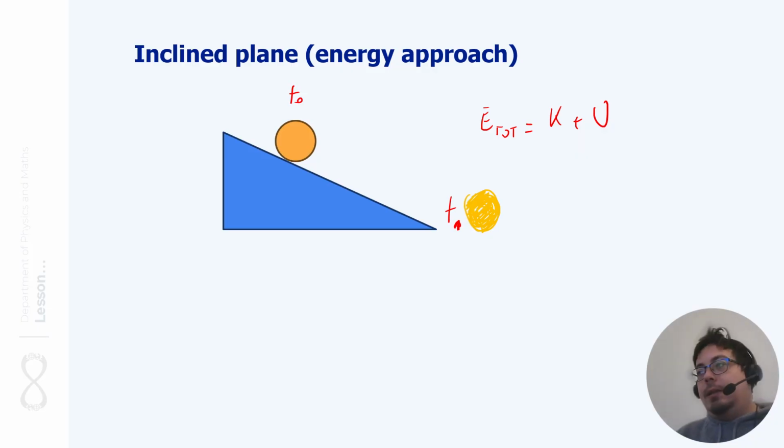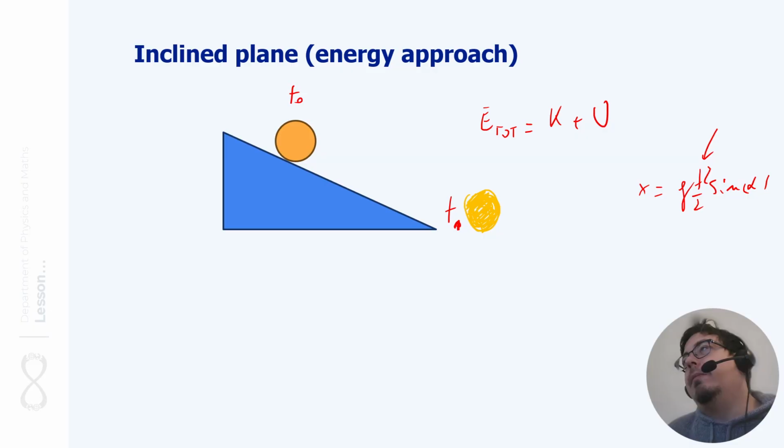In the slide before, x was g t squared over 2 sine alpha, so we can get the time from this equation if we know the space, or vice versa. But let's suppose we want to find the solution in these two cases, when the ball is up the hill, let's say, and down the hill.